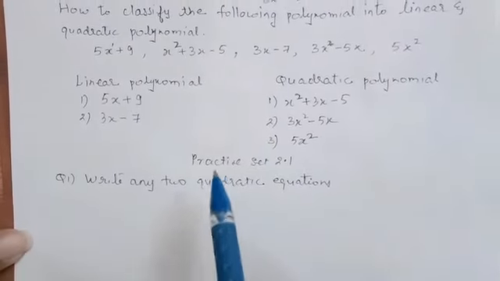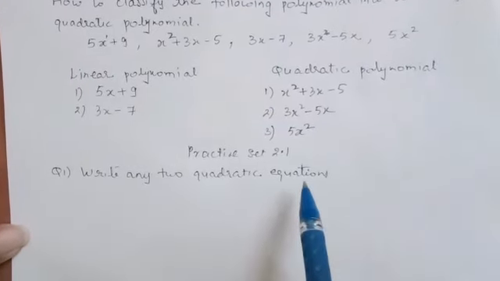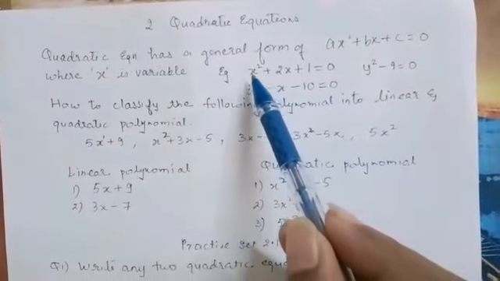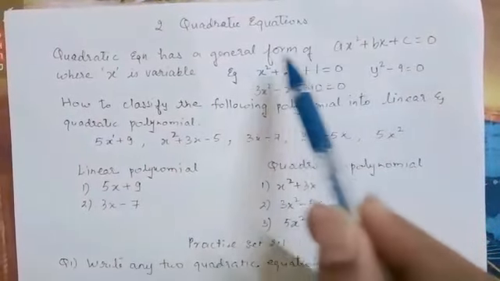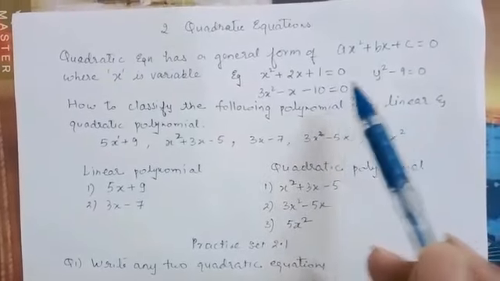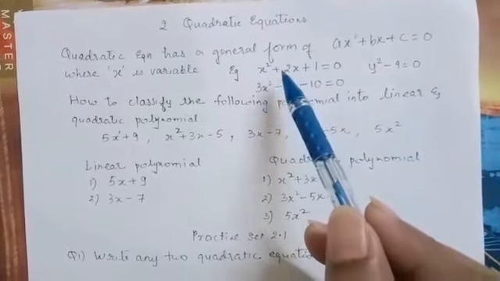The very first question of practice set 2.1 is to write any two quadratic equations. Here we can write the same answers from these three equations, or else we can write answers of our own. If I change the coefficients, it may be another example.